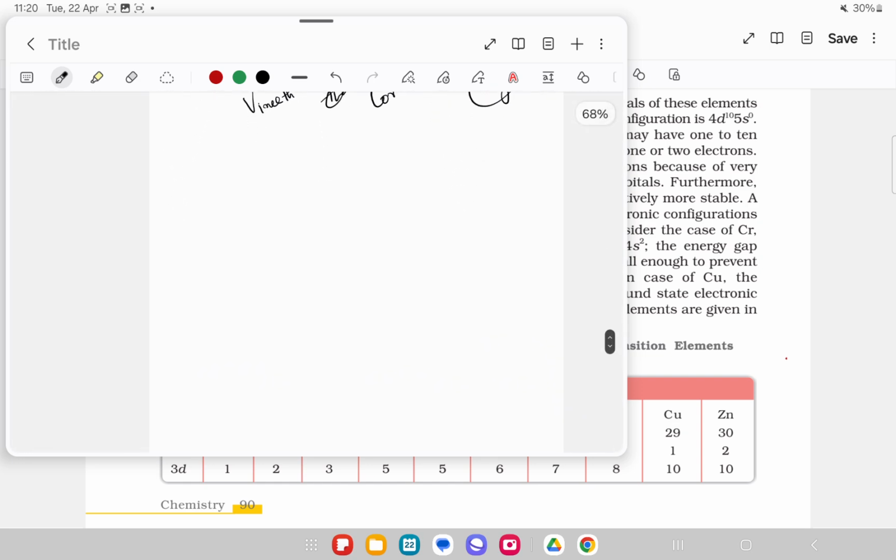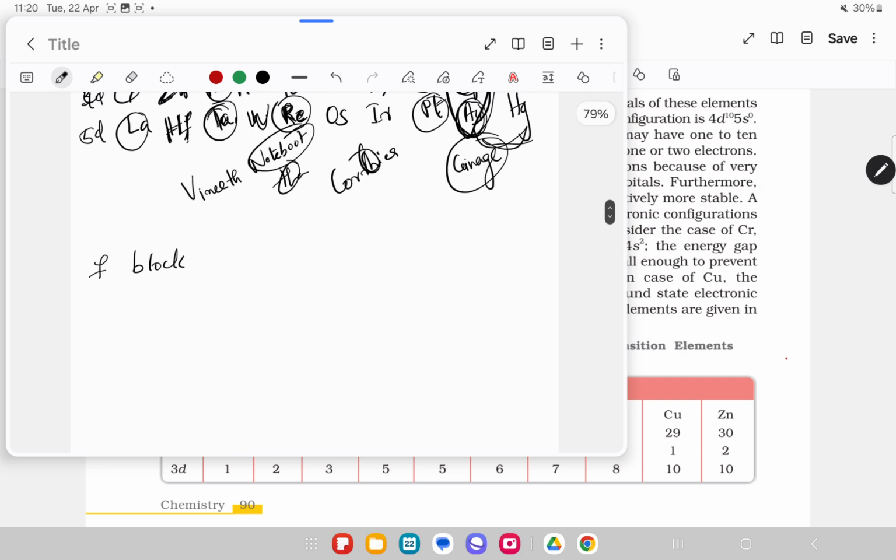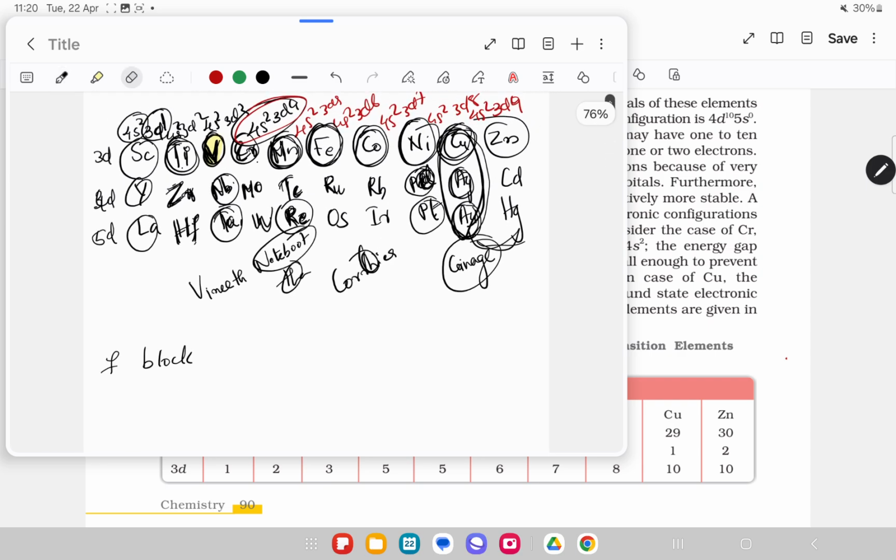Now how to learn the f block elements? Before going with this one, here itself you have to learn the electronic configuration.